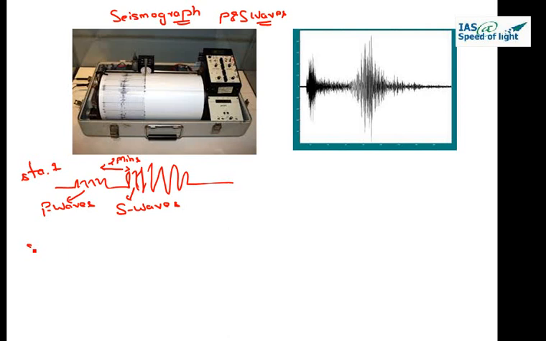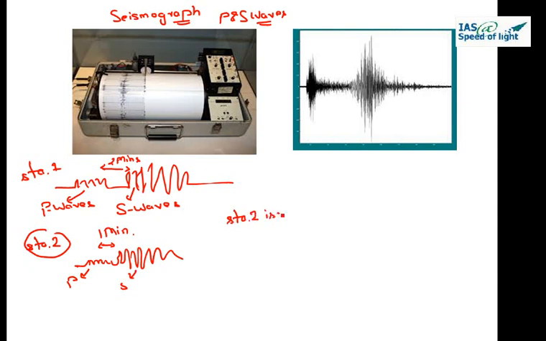Then we have station number 2, which has the P wave and the S wave, and the time difference between these two waves is 1 minute. Okay. So now what we can deduce is that station 2 is nearer than station 1 because the time difference is less.